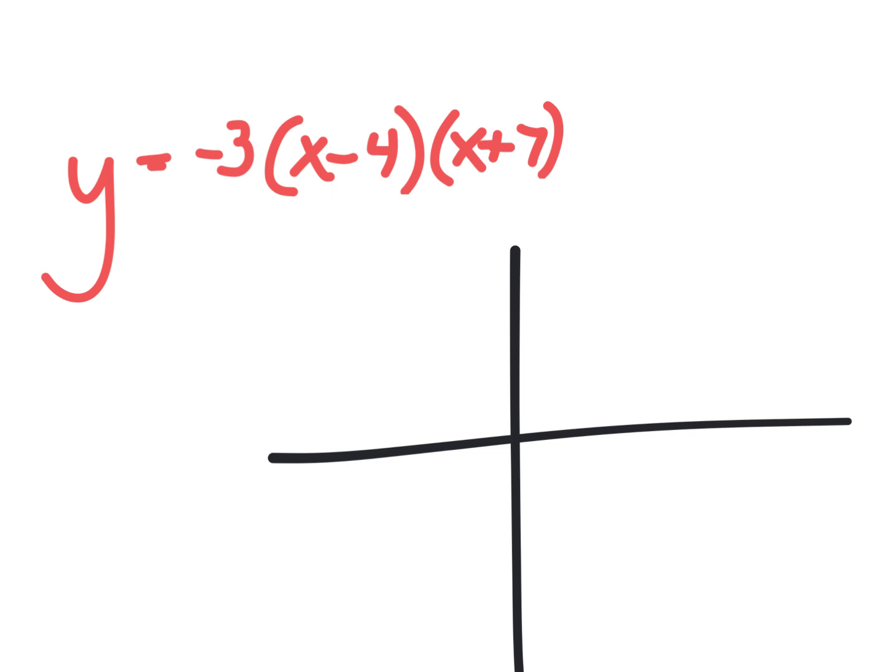So just a sketch. Do you agree that 4 is part of it, and -7 is part of it? And do you agree that your line would be upside down? All right.